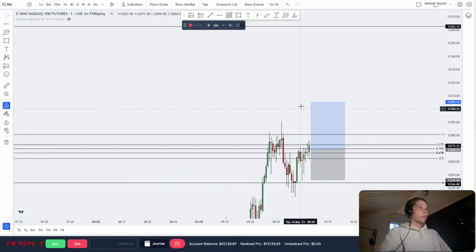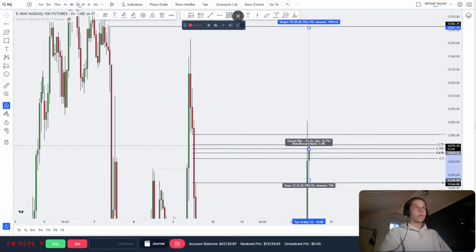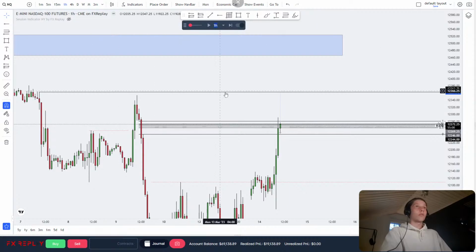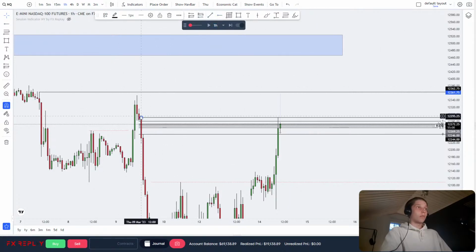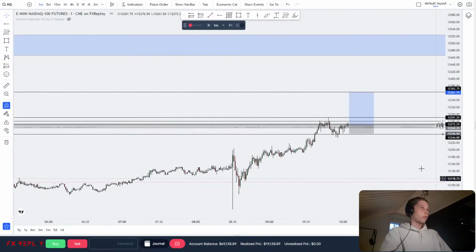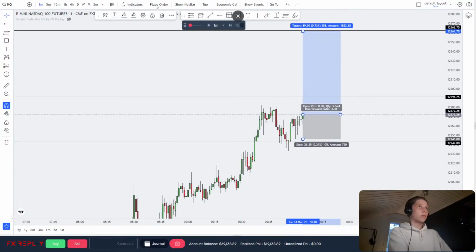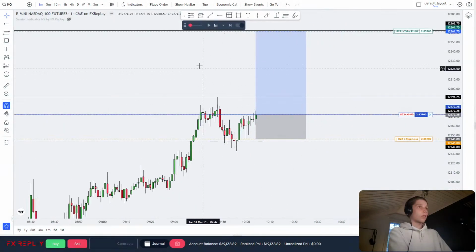We are simply taking a long. We create relative equal highs here. Just remove this gap, it's messing with my head. So let's go with that.